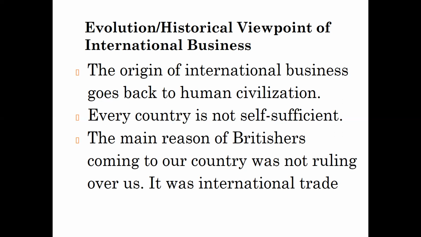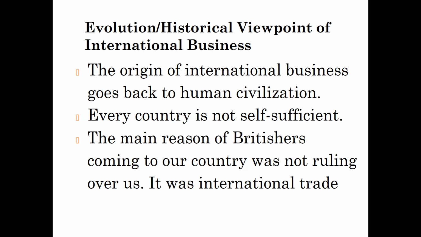The main reason for the Britishers coming to our country was not ruling over us. It was for international trade. India was rich in natural resources. So the Britishers set up their colonies in India to get raw materials from India and a market for their finished goods.